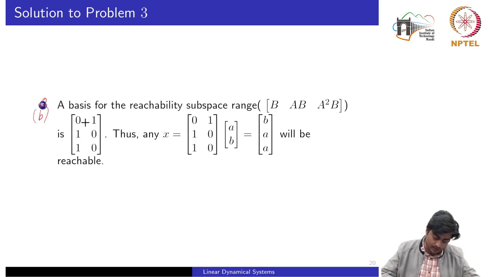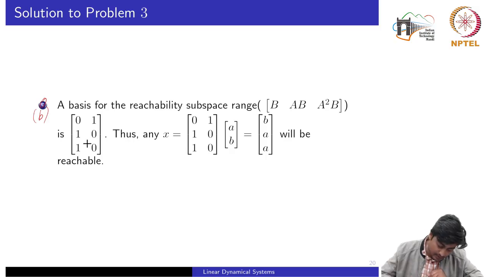You can select this basis so that these two vectors are linearly independent. There could be any two linearly independent vectors which you can choose as a basis, and then writing x for those AB, you could find all the combinations of x.